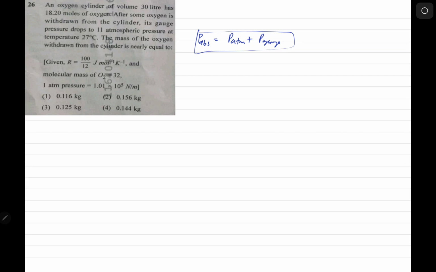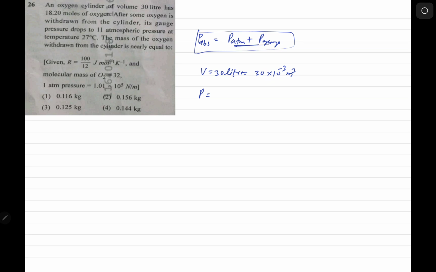So first of all, let's see what we have here. The volume is 30 liter, which is nothing but 30 into 10 to the power minus 3 meter cube. The pressure will be atmosphere plus gauge pressure. So atmosphere pressure can be considered as 1, let's say.